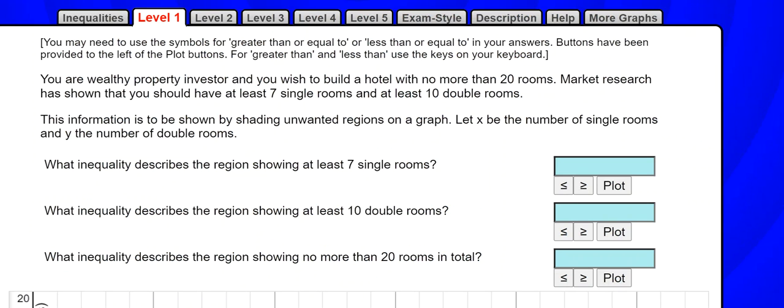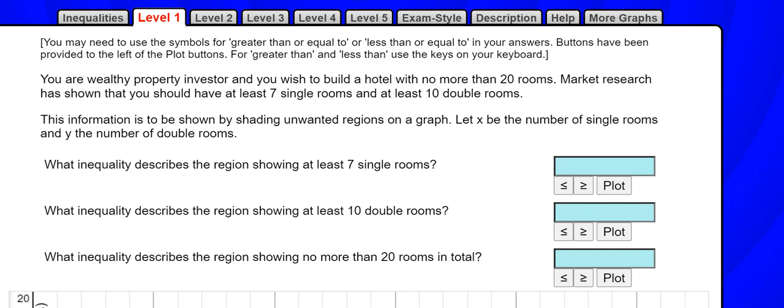Right. You are a wealthy property investor and you wish to build a hotel with no more than 20 rooms. What does that mean? Obvious question, obvious answer. Can't go above 20, right? Can it be less than 20? Yes. Okay. What must it be more than? 0.